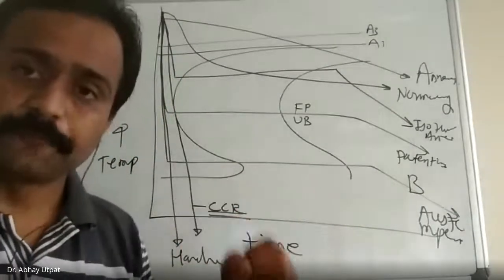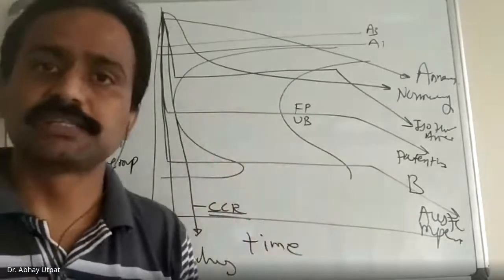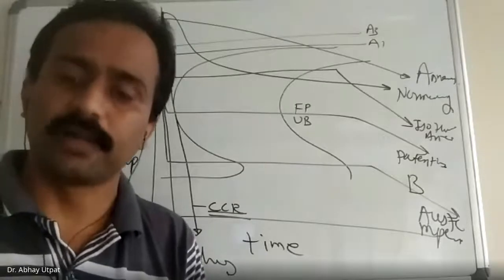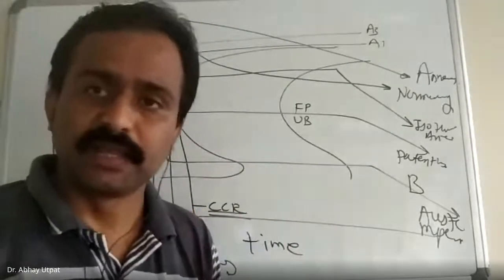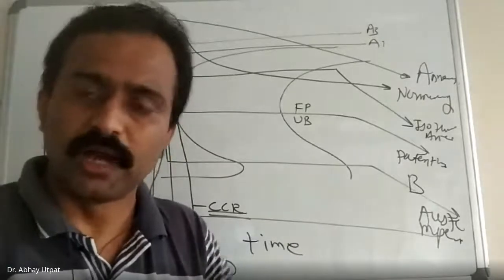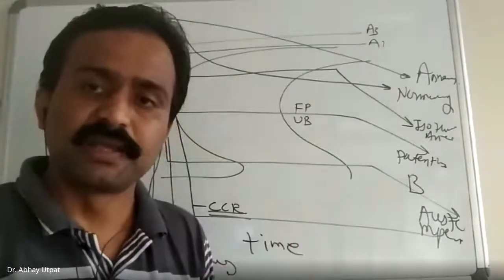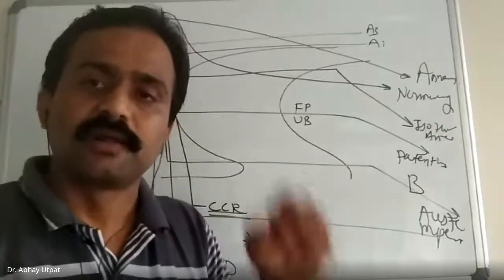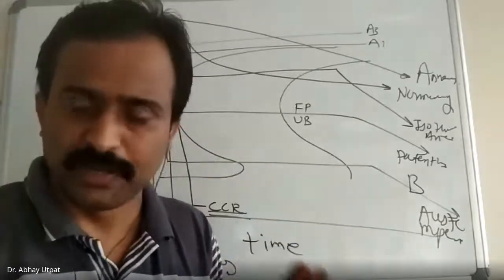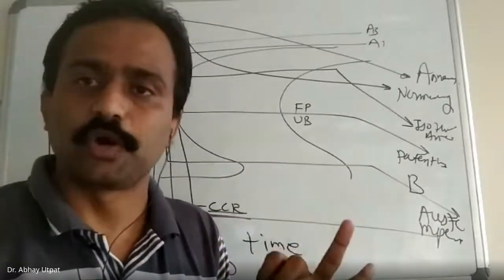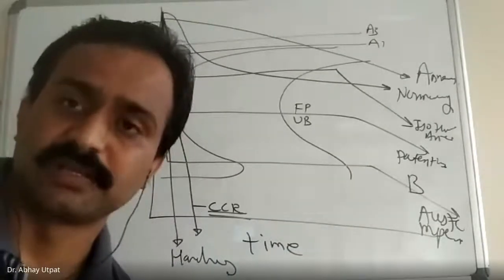So annealing, normalizing, hardening, and tempering. These four are the basic heat treatment processes. Tempering is always followed after hardening. What is the use of tempering? Tempering is carried out for two to three purposes: for relieving the stresses of hardening, and for conversion of retained austenite into any other phase.